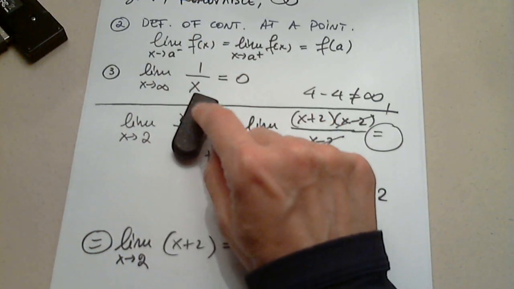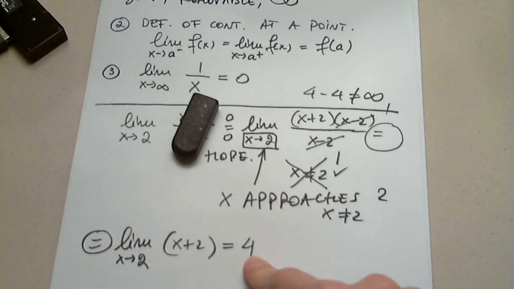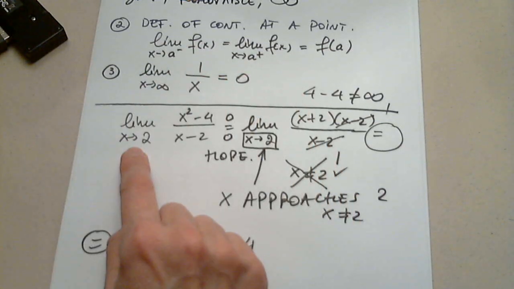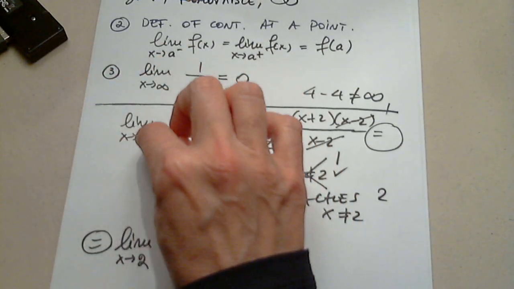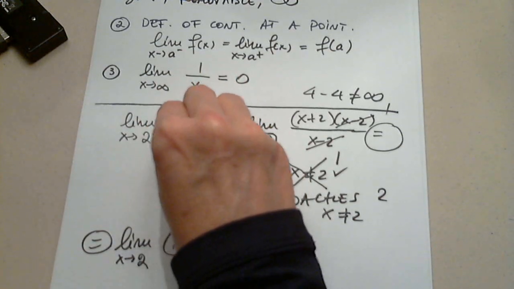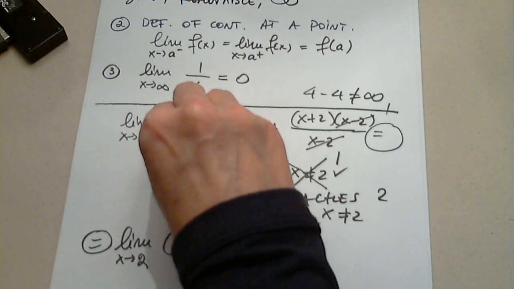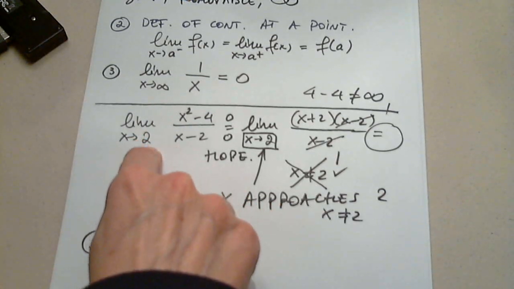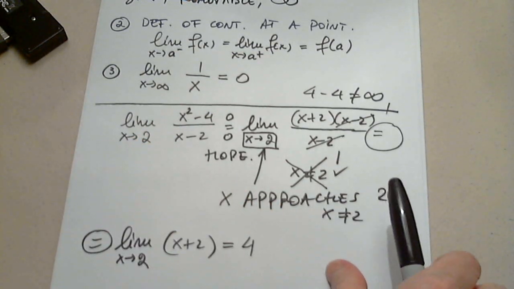The function values get closer and closer to 4. That's all it means. The operator says, when x approaches 2, what does this function do? Well, this function gets closer and closer to 4 when x approaches 2.